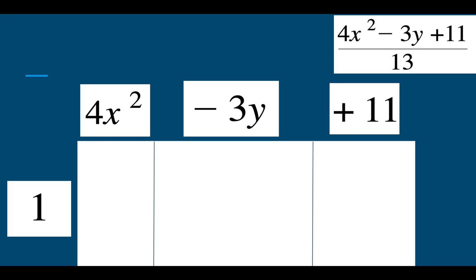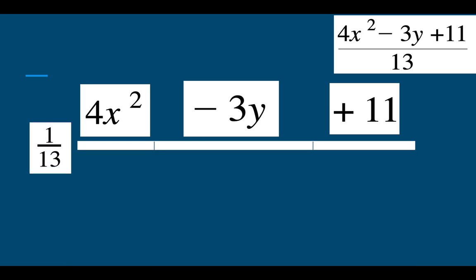Well, if we view that as a rectangle with a side equal to 1, what would happen if we were to cut it off and take a 13th as the length instead? Each of those rectangles would be a 13th of the original size, so we could just have them over 13 as illustrated on the other slide.